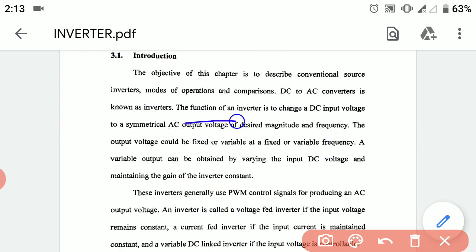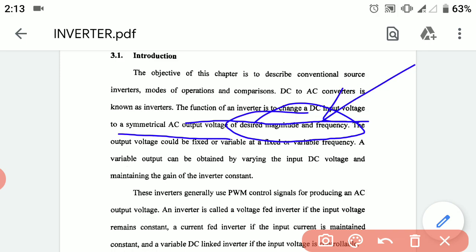The function of inverter is to change the DC input voltage to a symmetrical AC output voltage of desired magnitude and frequency. Desired magnitude and frequency means the output of AC can be fixed frequency, variable frequency, fixed magnitude, or variable magnitude.